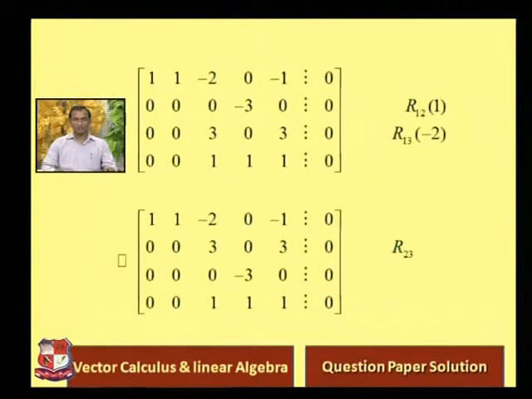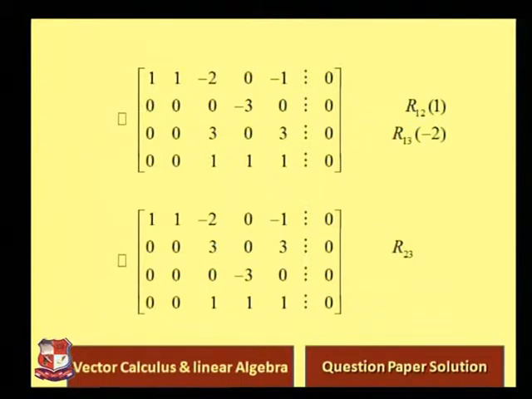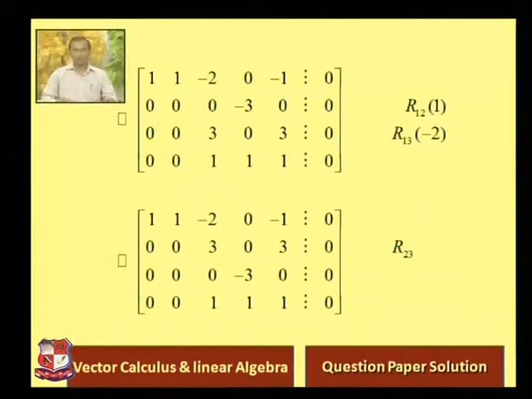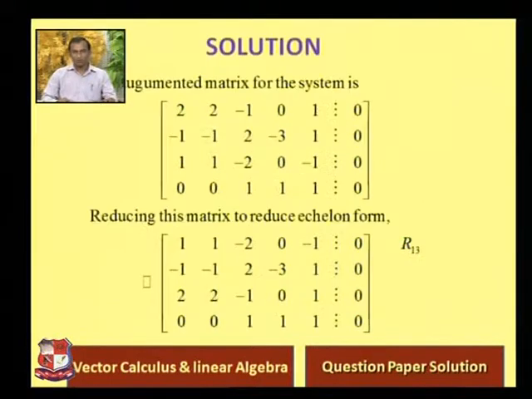Next, we apply R12 and R13 with minus 2, to convert the first column, other than the leading one, into 0. That means the first column becomes 1, 0, 0, 0. So we apply the operation R12, meaning multiply the first row by 1 and add to the second.